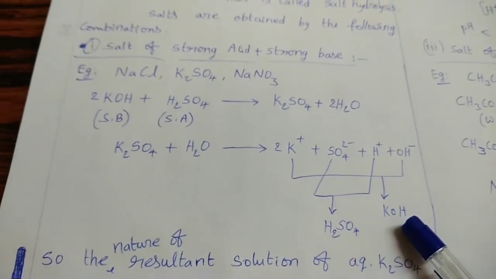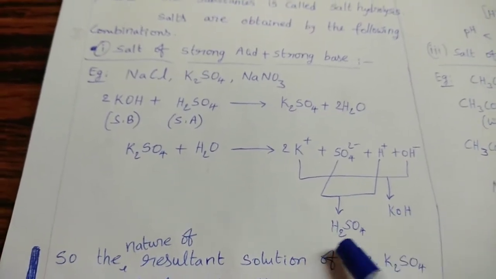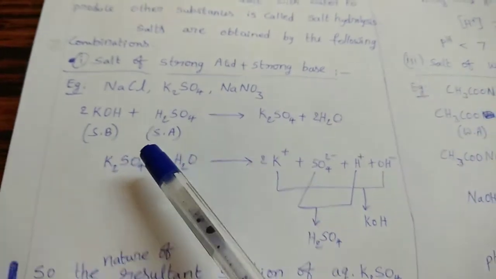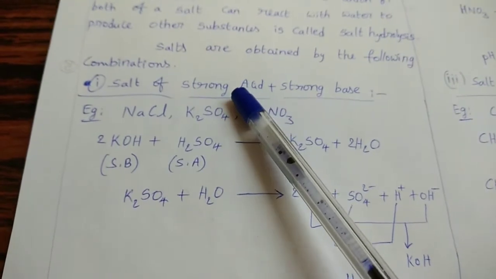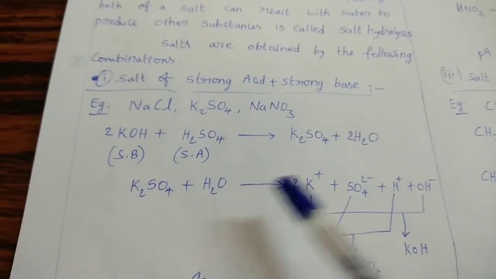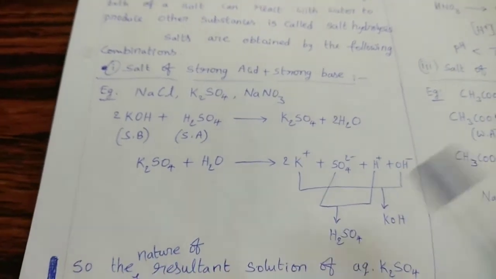Again, these compounds undergo ionization and produces K+ OH-. Here H+ SO4 2-. That means when salt obtained from strong acid and strong base is added to the water, it undergo ionization. The nature of resulting solution is neutral.